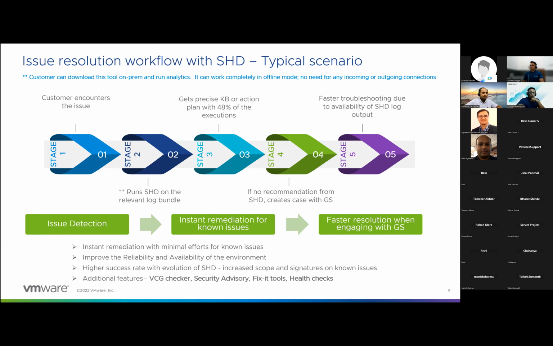So SSD will fetch the logs, review the logs, and match the signature within the 1,800 list. And then it will tell you, here is your solution. Resolution comes in a few minutes, rather than taking a longer time exchanging logs and bringing back updates.